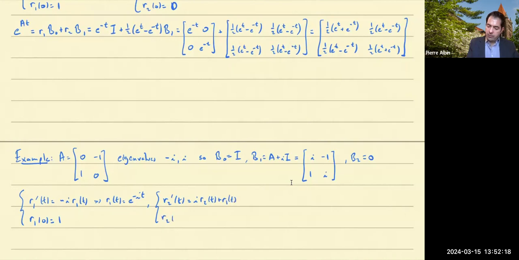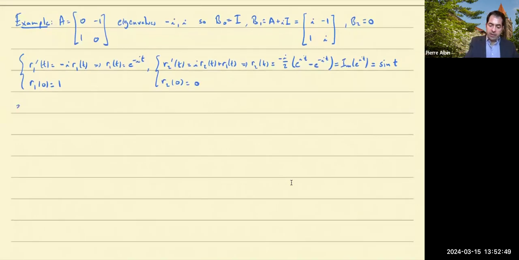And it satisfies the initial condition R2 at 0 is equal to 0, right? Which here means that we should take minus i over 2 times e to the it minus e to the minus it, right? And then notice that that's just the imaginary part of e to the it, which is sine of t.